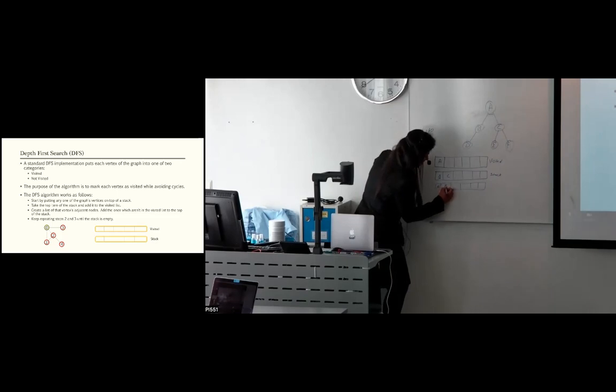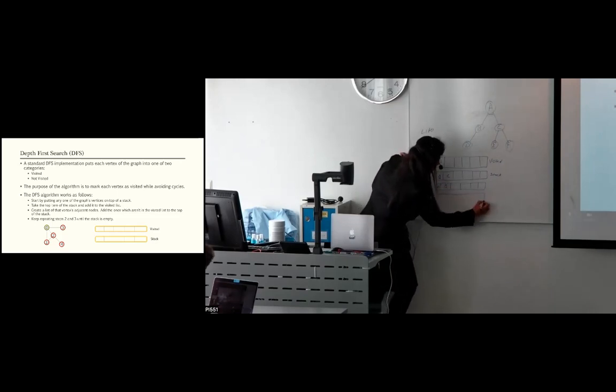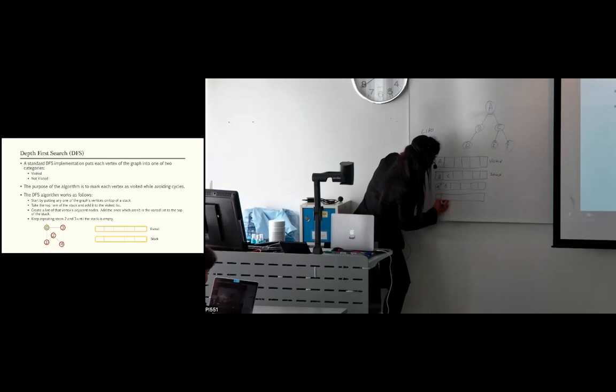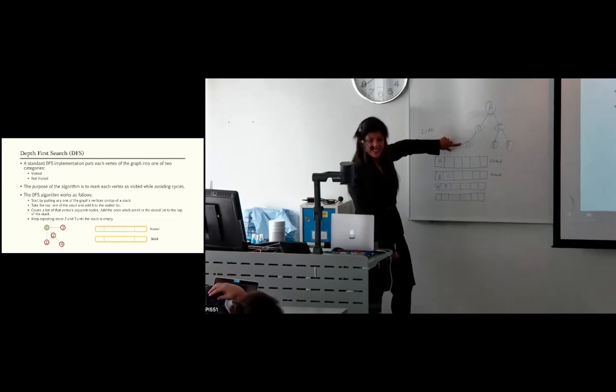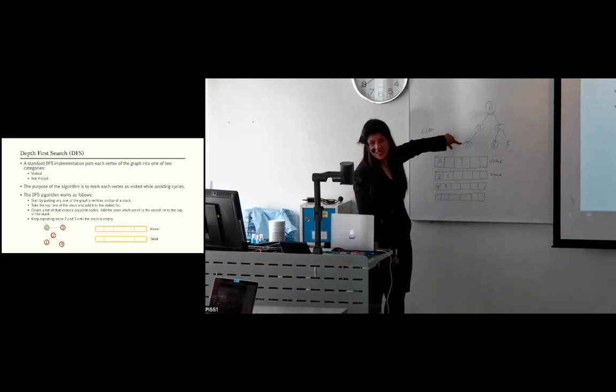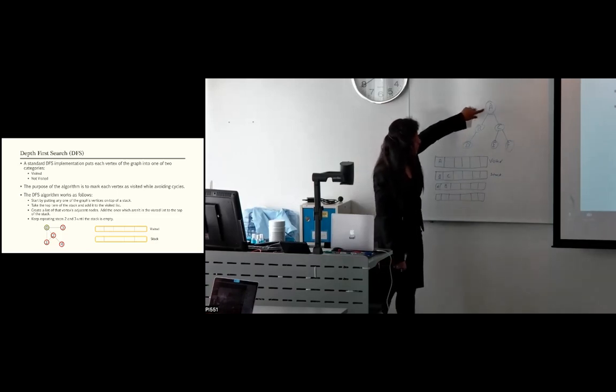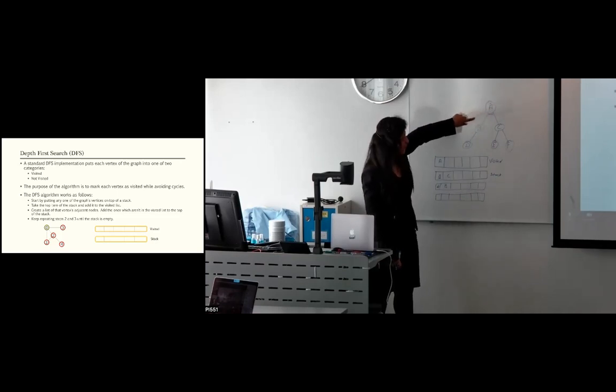B. Yes. And what would be at the top of the stack? Who is the child of B? Because this is depth first search and we have to traverse, first we selected A. Who are the children of A?